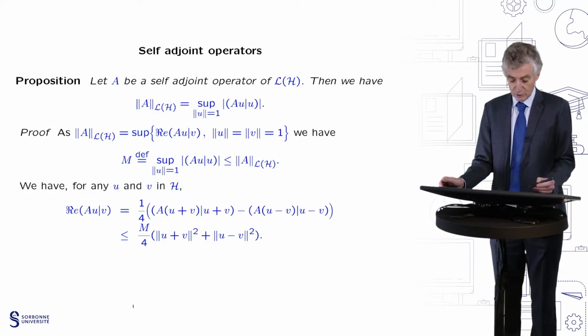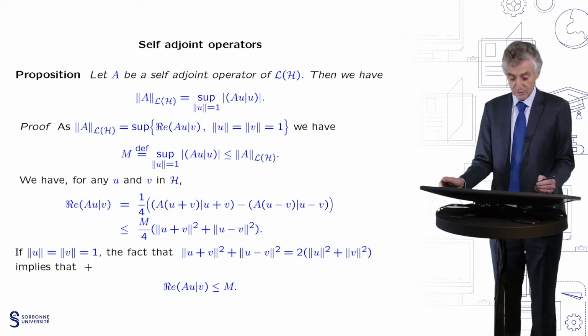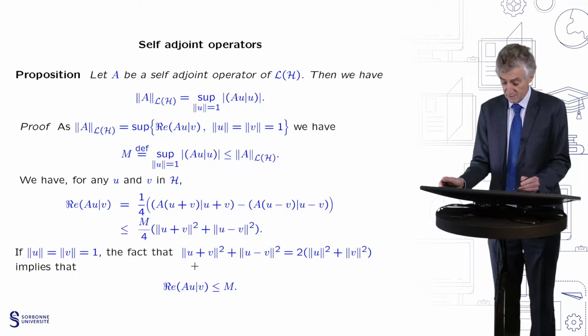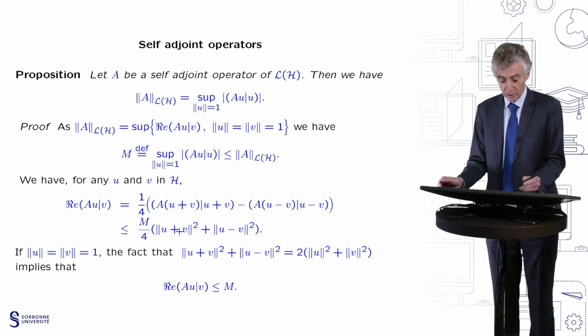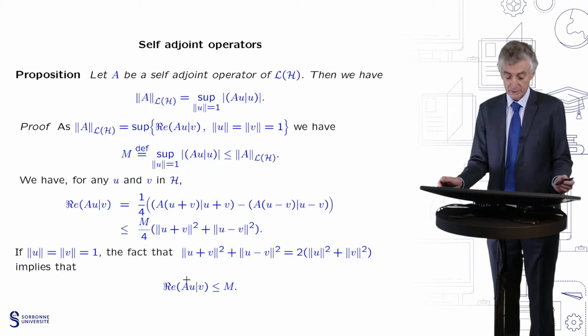And now we use the parallelogram identity, and we see that on a Hilbert space this is 1, and 2 times 2 is 4, and this is less than M, and we are done.